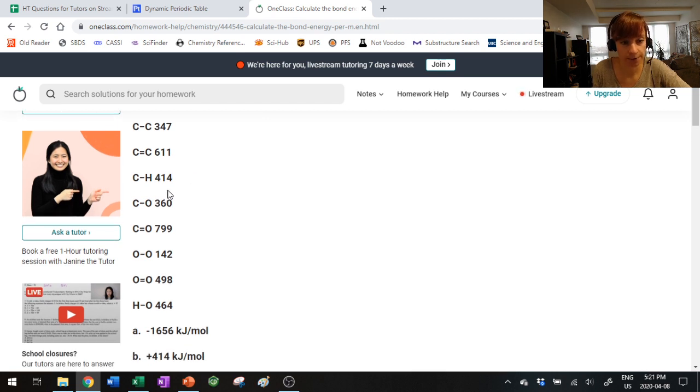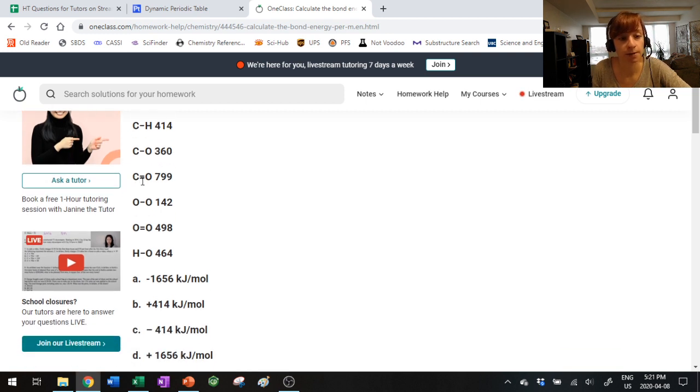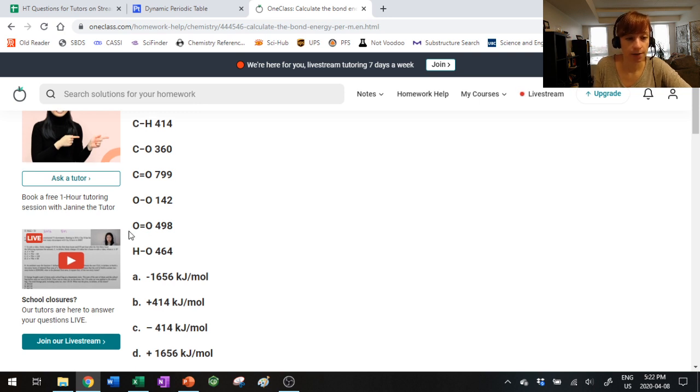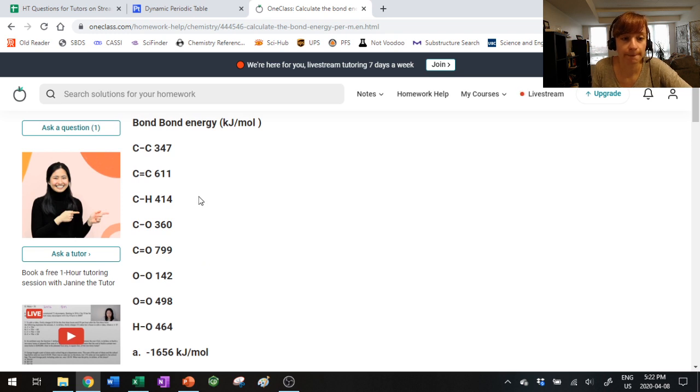Carbon-hydrogen bond 414. Carbon-oxygen single bond, 360. Carbon doubly bonded to an oxygen, 799. Single bond between two oxygen atoms, 142. Two oxygen atoms double bonded to each other, so O2, is 498, and an OH is 464. So the higher the bond energy, the more energy it takes to break those bonds.